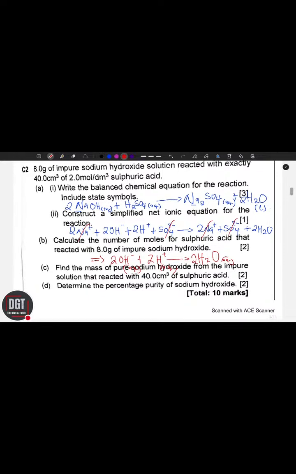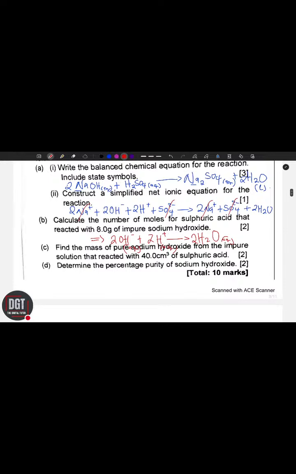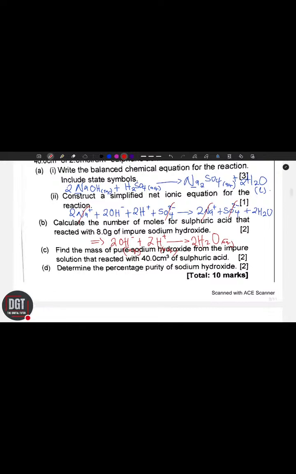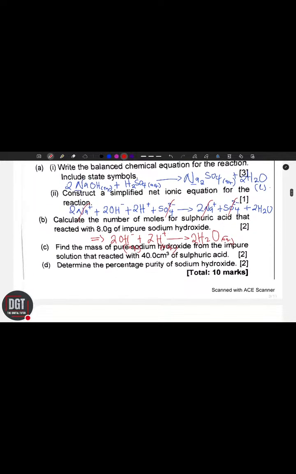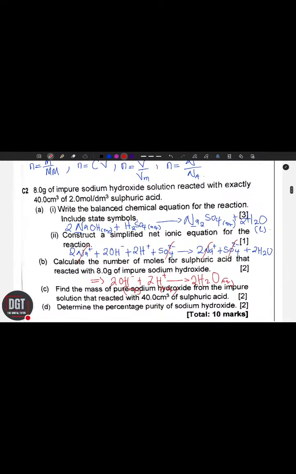So now, after this question, they are saying, that is C, find the mass of pure sodium hydroxide from the impure solution that reacted with 40 centimeter cubed of what? Sulfuric acid. So what are we going to do? Find the pure. So 8 grams of impure sodium hydroxide reacted with exactly 40 centimeter cubed of sulfuric acid.